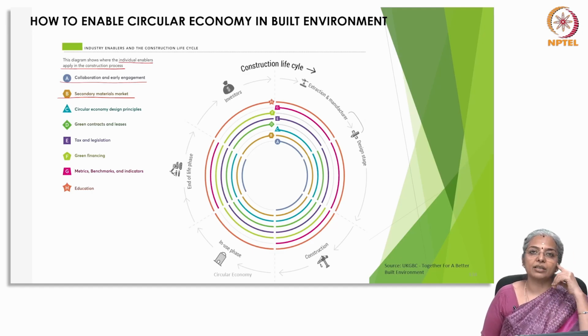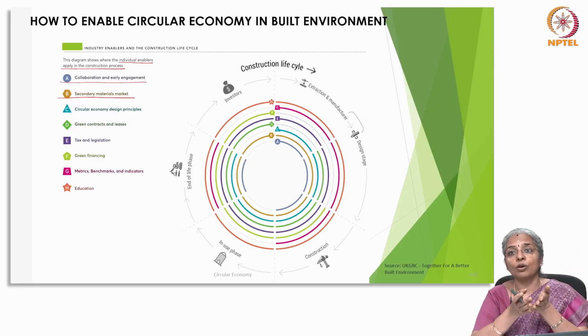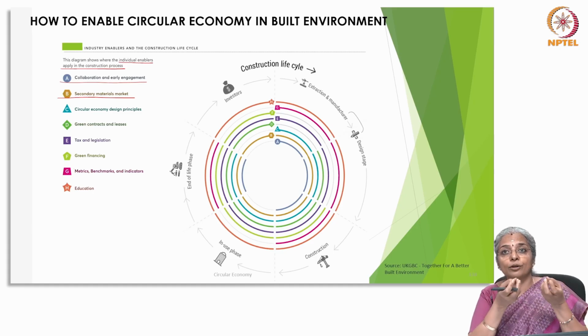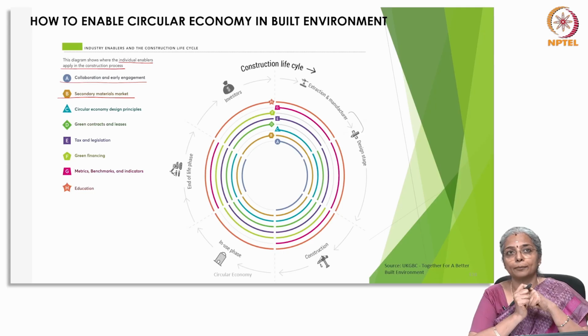Somebody is demolishing the building. That person should also be aware that he should not demolish in such a way that none of the materials are salvageable. And you as an architect and designer should also have that sense of how we can go and salvage those materials.